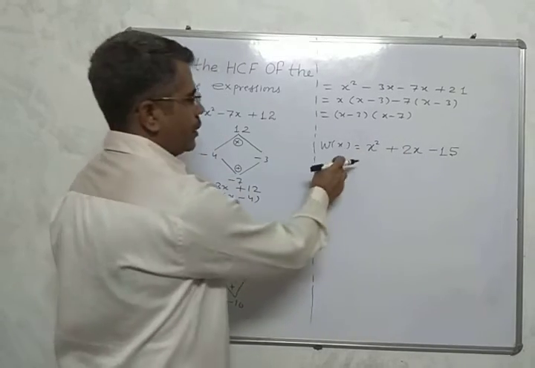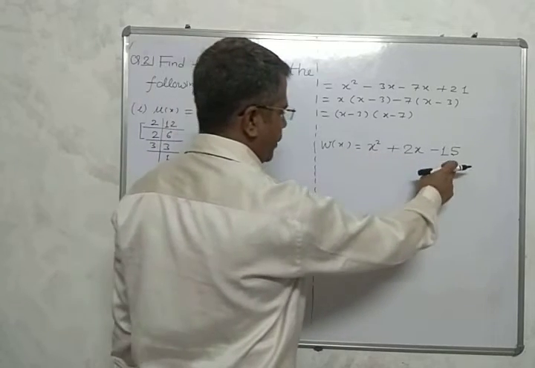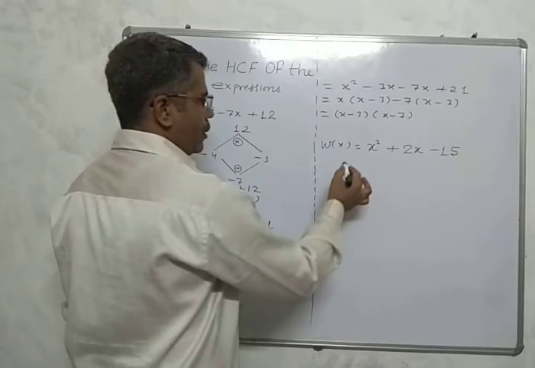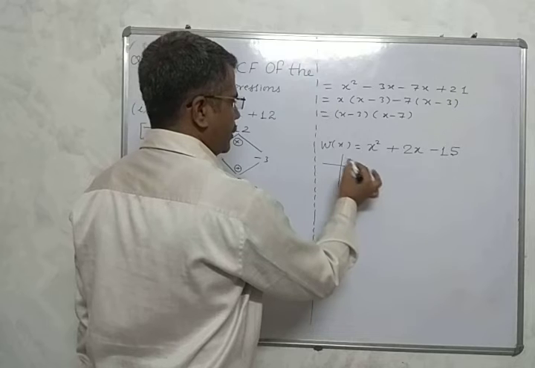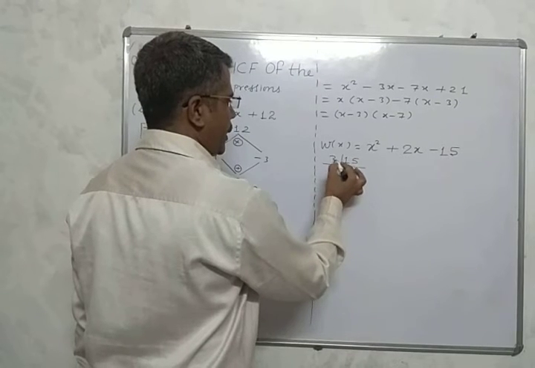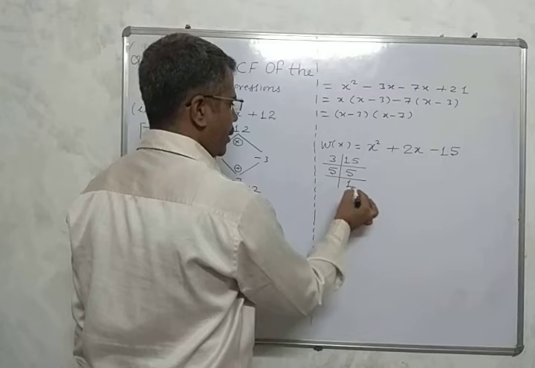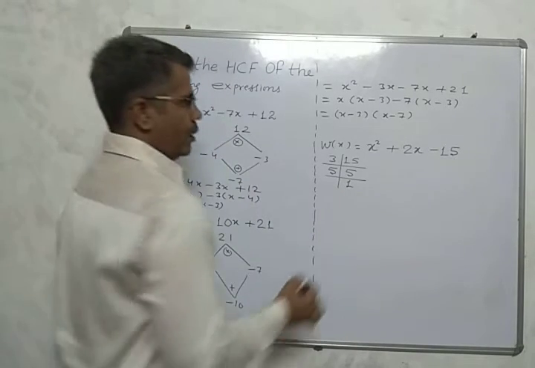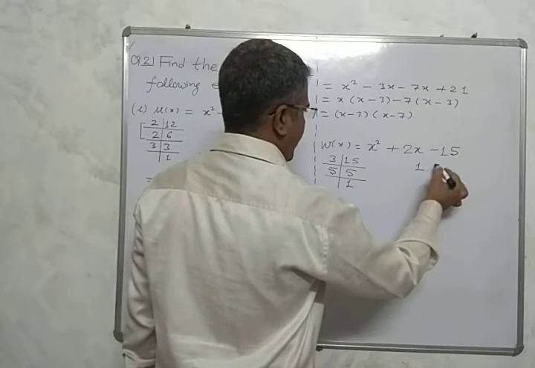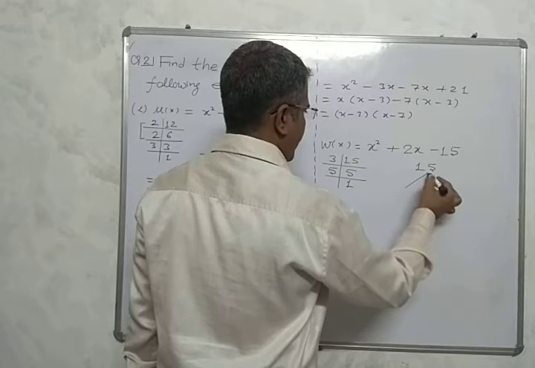Next, w(x), x square plus 2x minus 15. We take the prime factors of 15. We divide by 3, we have 5, again divided by 5, we have 1. 15 is broken into two numbers.